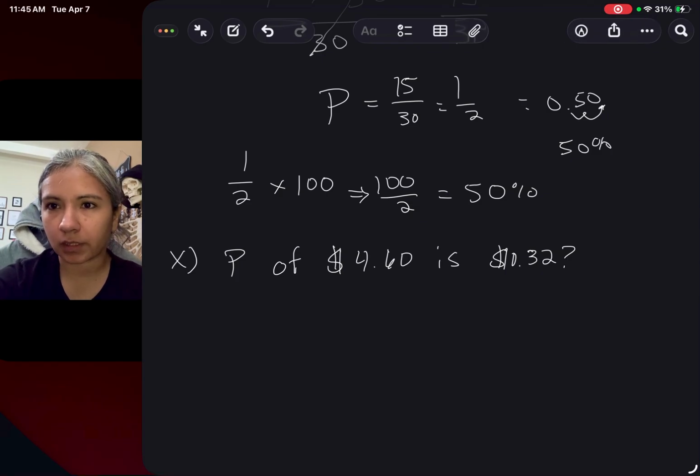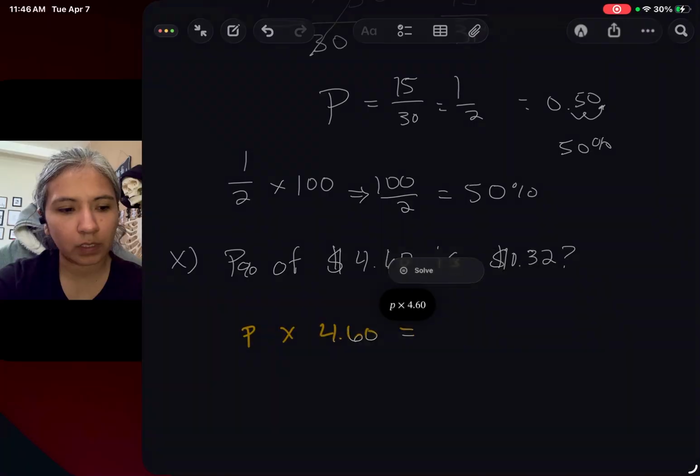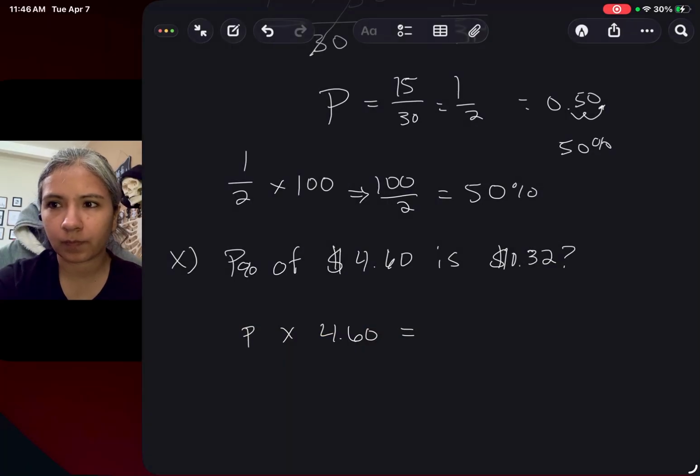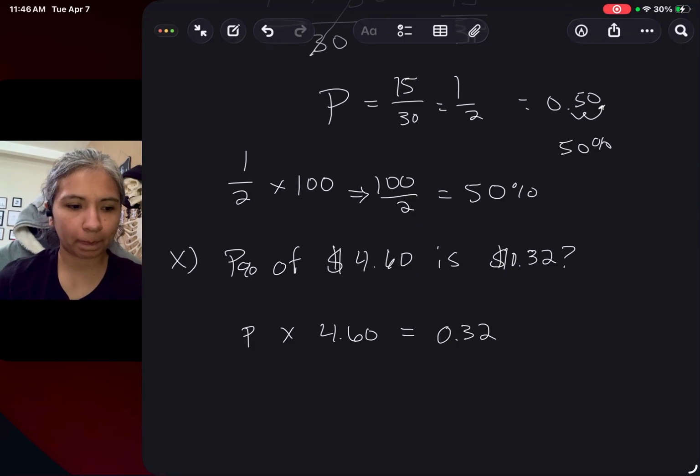Okay, let's translate this. So what percent, of is multiply, $4.60, is equals, 32 cents. We're just going to take off the dollar signs, right?